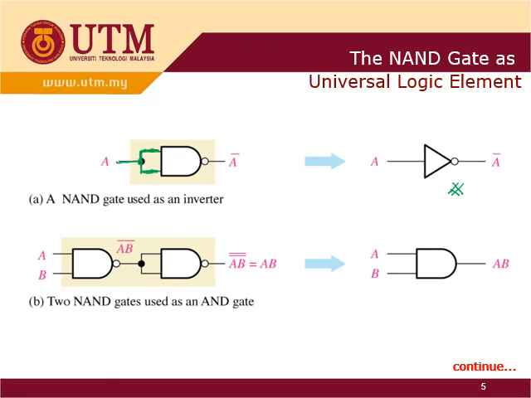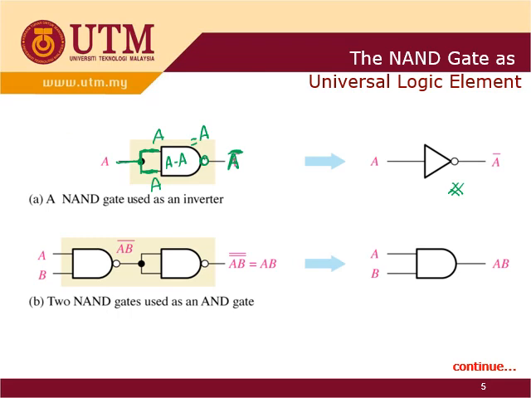That means only one input A. One input is A, the other input is A. A dot A is equal to A, and then we have the bubble, so now it becomes A bar, which is a NOT gate. Easy, isn't it?